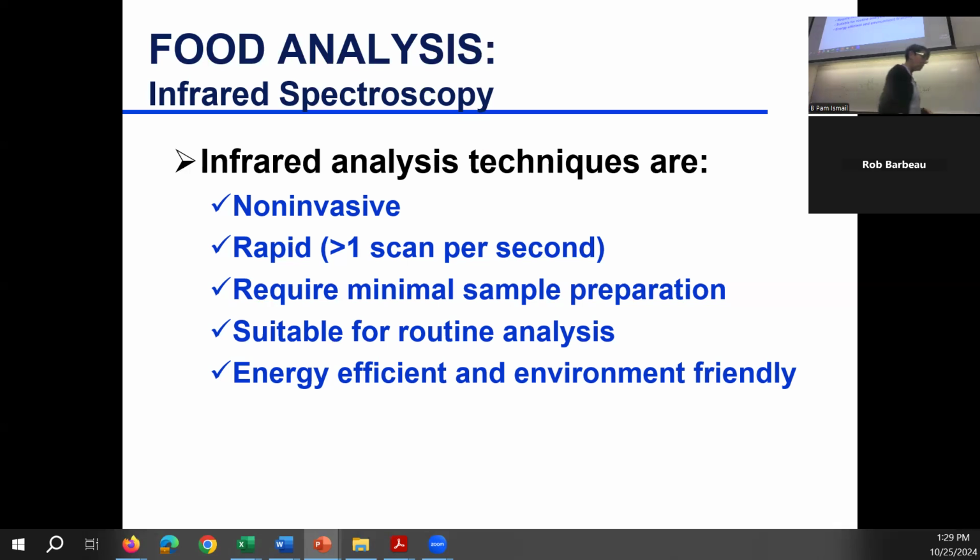This is very important when you work out there in industry or in a lab and you want to calibrate an IR. You really want to know why you are doing this. Because this is a secondary method of analysis, it needs to be calibrated based on an official primary method of analysis.